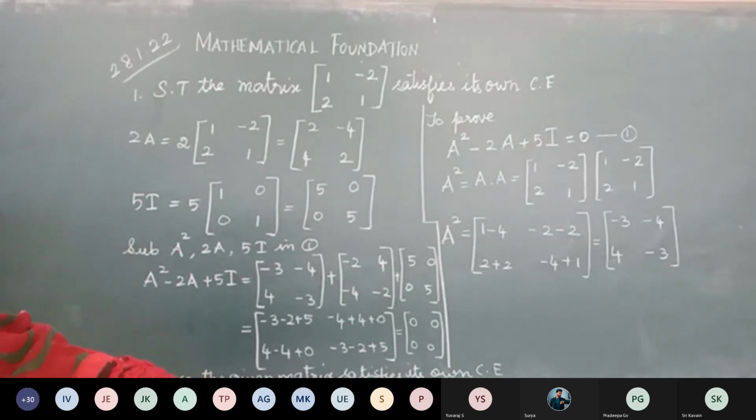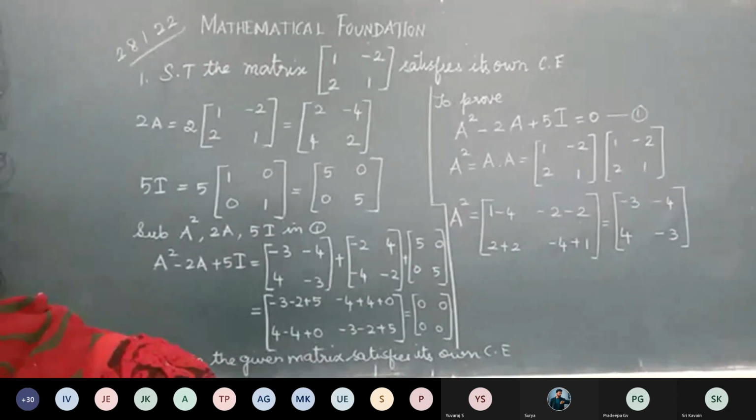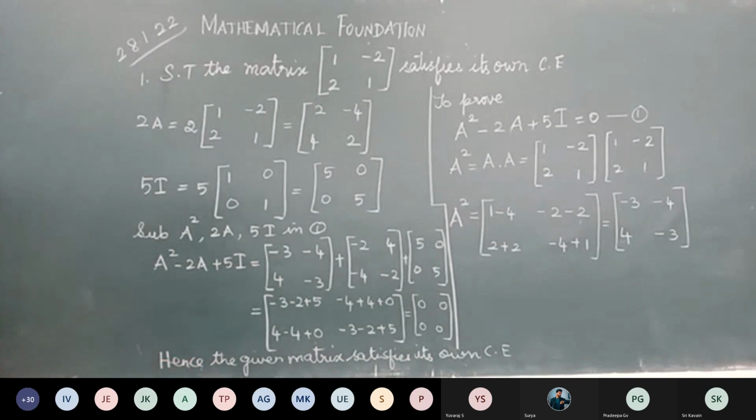You're able to see down. So you'll have to conclude: hence, the given matrix satisfies its own characteristic equation. Any doubts?